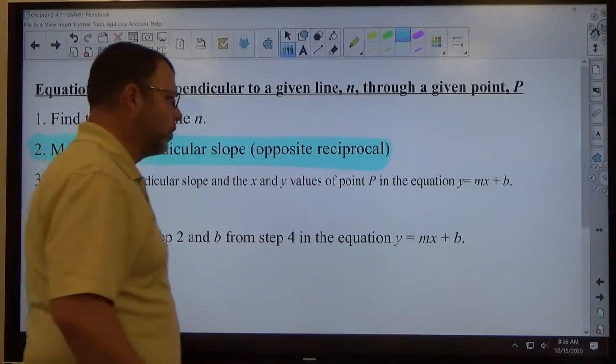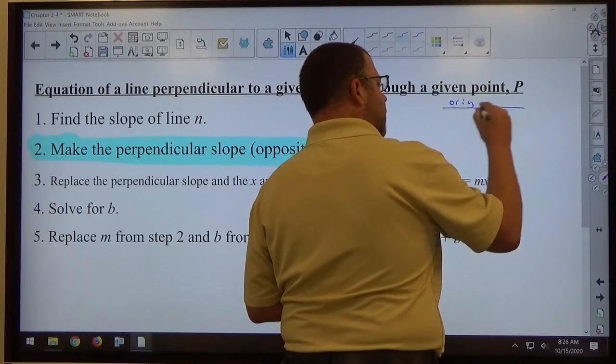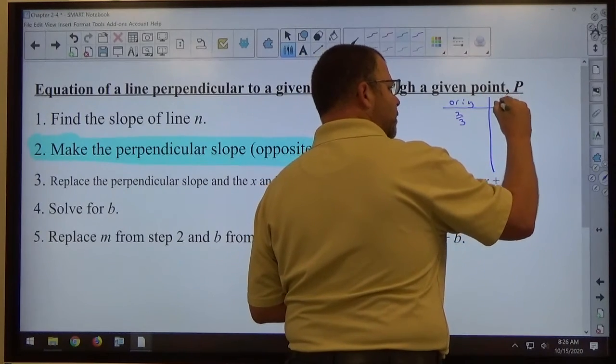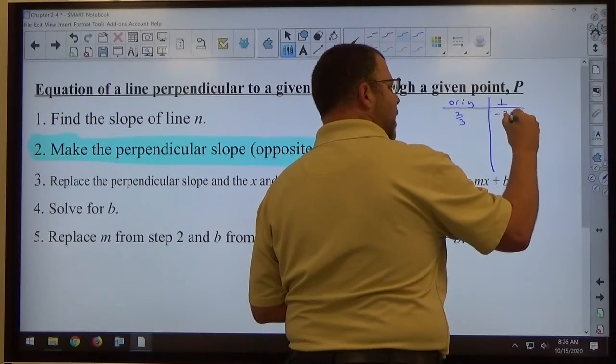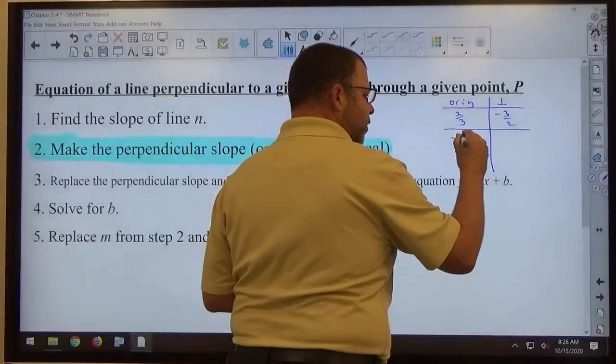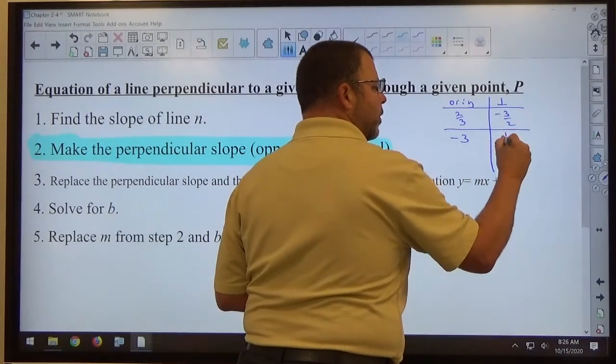So, for example, if the original slope is 2/3, the perpendicular slope is going to be -3/2. If the original slope is -3, the perpendicular slope is going to be +1/3.